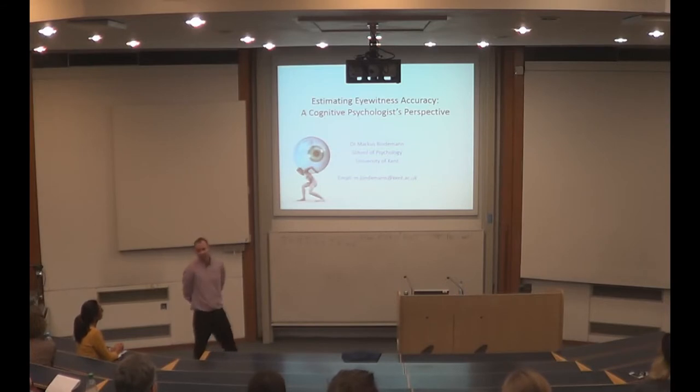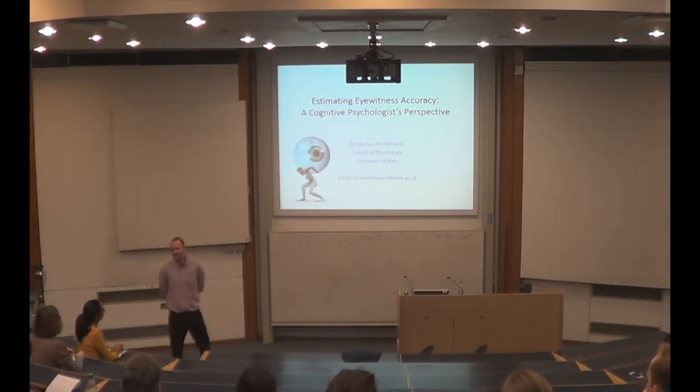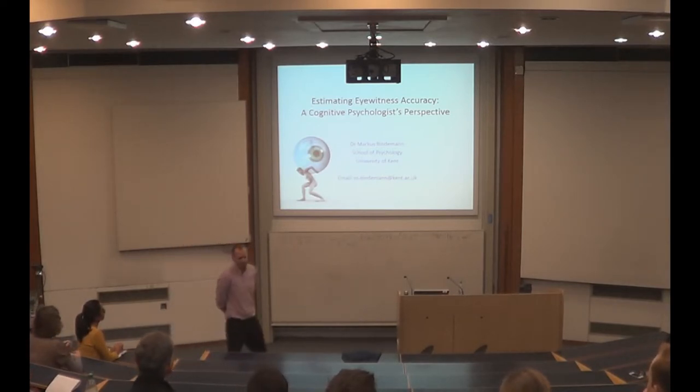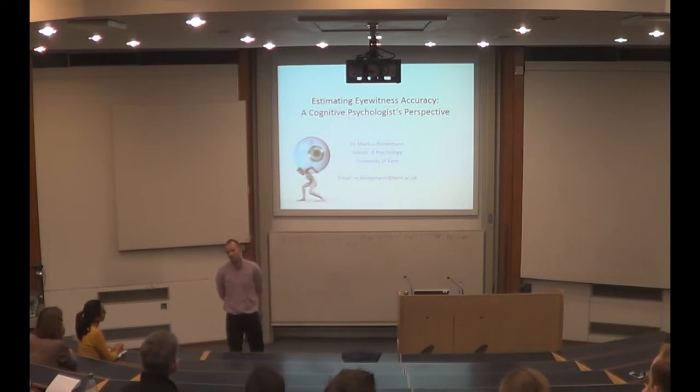I've chosen eyewitness identification as a topic, and I've always got to start with a bit of a disclaimer. It's good that I'm presenting this to the CVC, because I've not been trained as a forensic psychologist, and in fact I know very little about the sort of methods that are prevalent in the study of eyewitness identification. I have been trained as a cognitive psychologist, and I've got a background in visual perception.